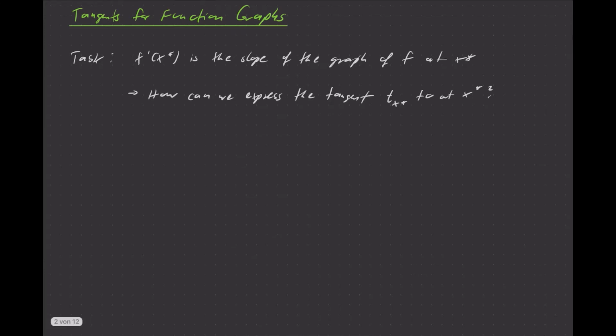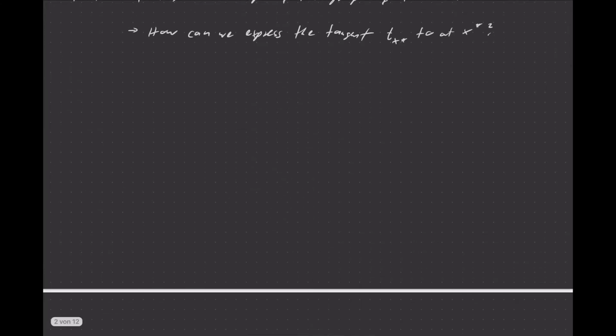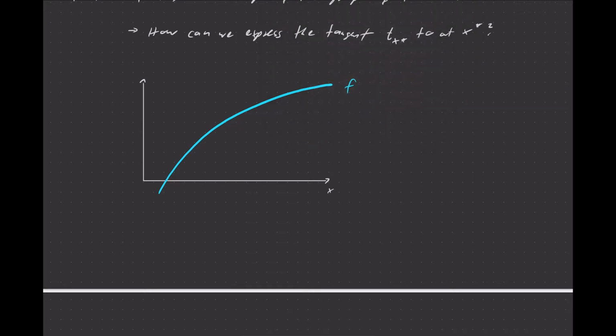Now let's first make a little sketch to see how this looks. So the coordinate system. Here's x. Let's say we have a graph of a function that maybe looks like this. So that is our function f. And we also have a point x star. Let's say this here is our point x star. And then of course we can have a look at the corresponding point on the function graph, which is here.